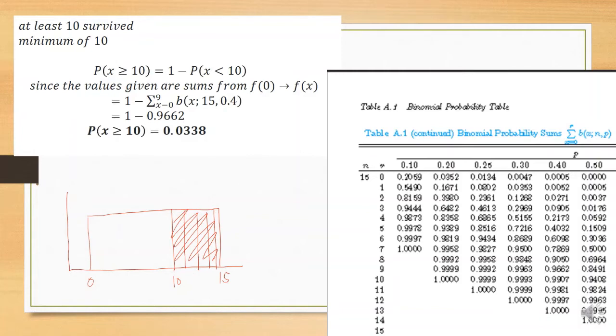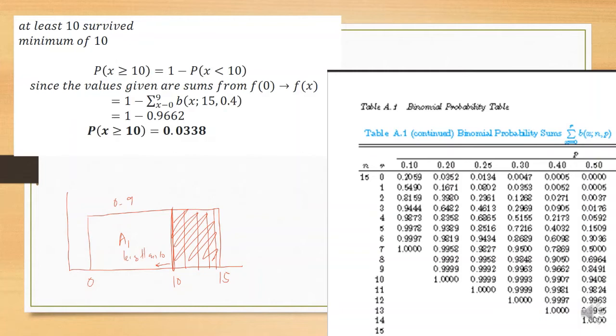Okay? So, kung etong area 1 ang pinag-uusapan natin, this is less than 10. Kasi ang umpisa natin ay 10 eh. So, etong area na to is less than 10. So, meaning, you have 0 to 9.